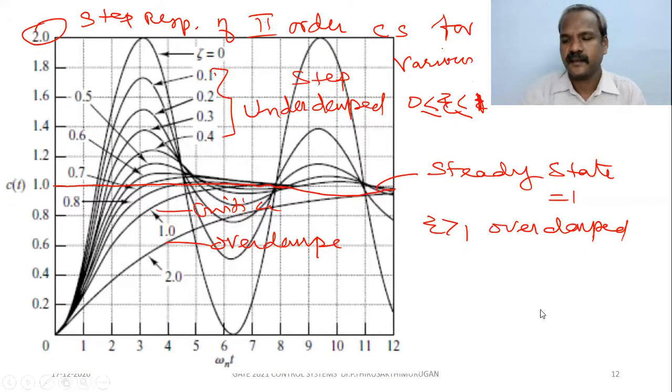So with this, we have analyzed the four types of second order system step responses: first underdamped, then undamped, then critically damped, and overdamped. With this, we finish the time response analysis of second order systems. Clear?